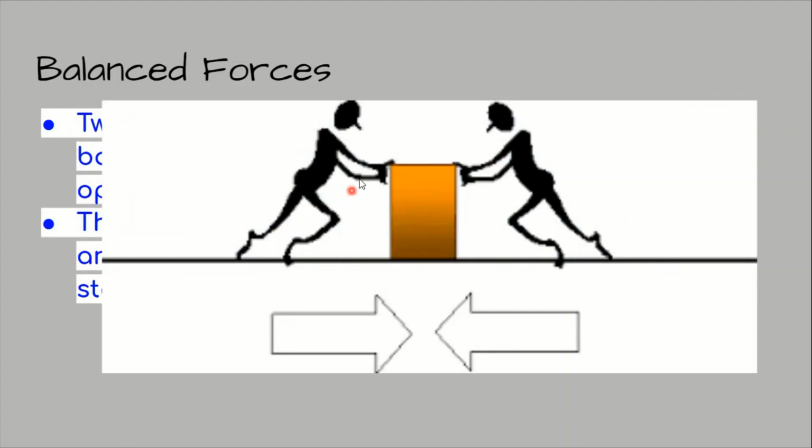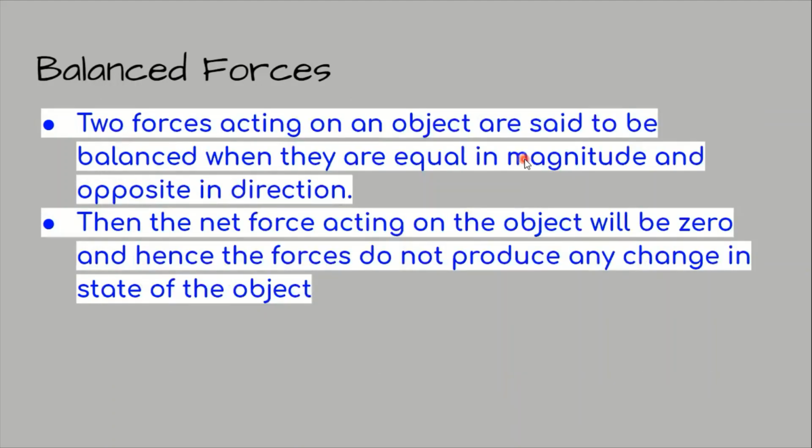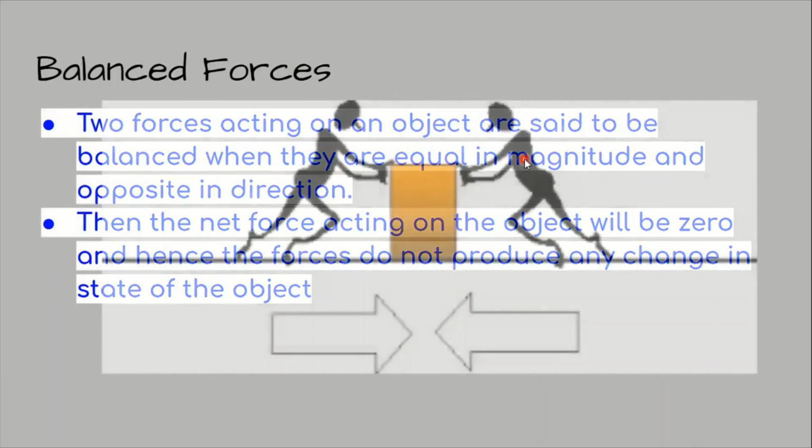Suppose this person is applying 50 Newton and this person is also applying 50 Newton. So we know that the net force will be 0 Newton, so there won't be any change in the state of this object. They are equal in magnitude and they are pushing it in opposite directions. So this is what balanced forces are.